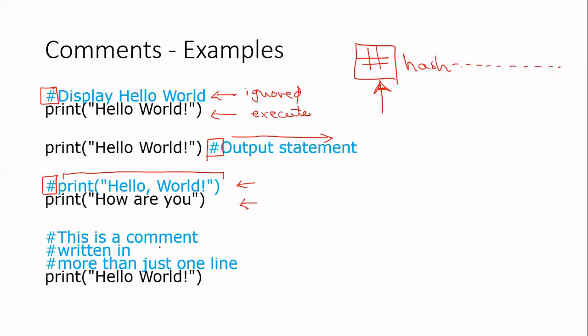And if you want to write multiple comments on different lines, then each line will need its own hash symbol to denote that each of these lines are comments. And the line that needs to be interpreted or executed will be the print hello world. You will notice that in the previous video, when I used the print statement, that's a small letter p, print, I used single quotes and I said, hello world, which was my message.